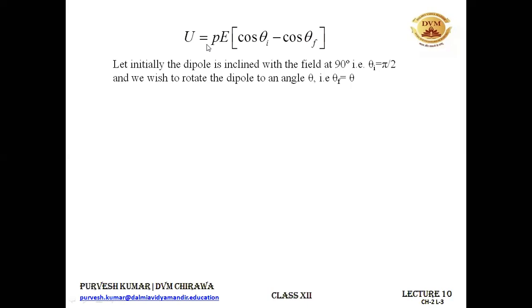All right or not? Fine. So that's the ground level for it. So now you place theta I is equal to pi by 2, and theta f is some angle theta. So you have replaced this theta I with pi by 2, that is the zero level for the potential energy, and theta f is the angle at which you want your dipole to be rotated.